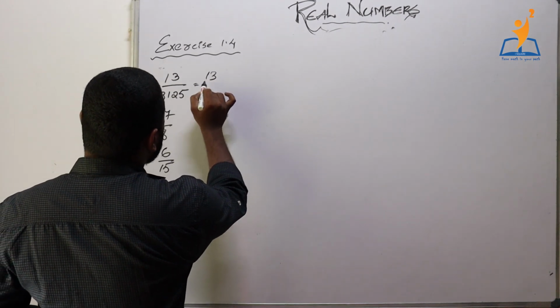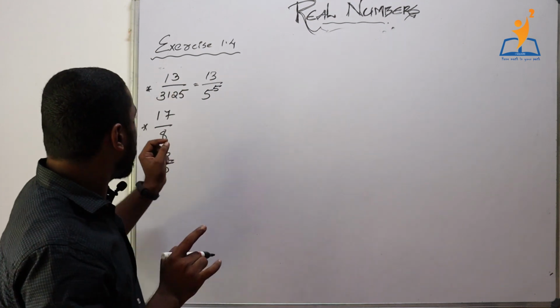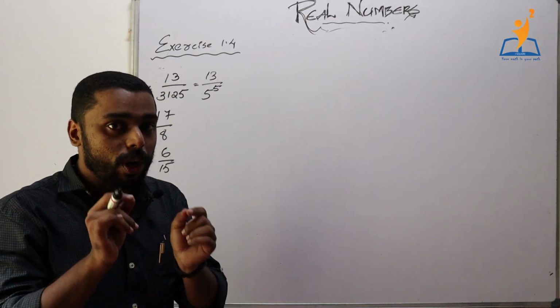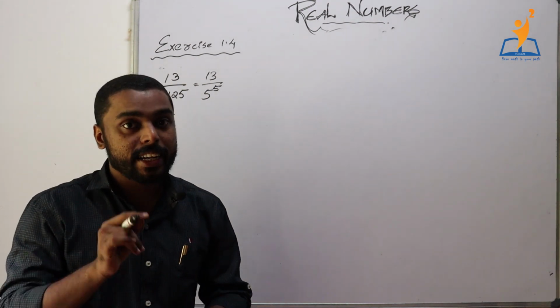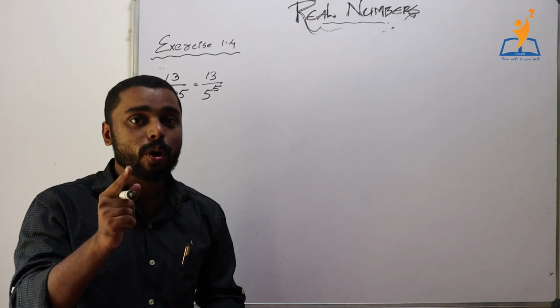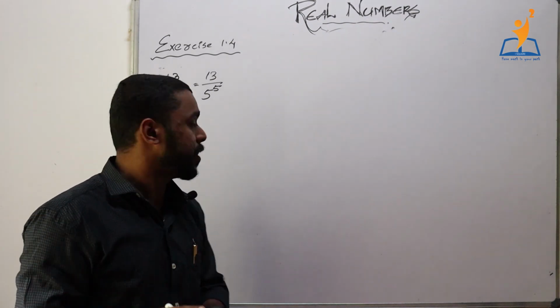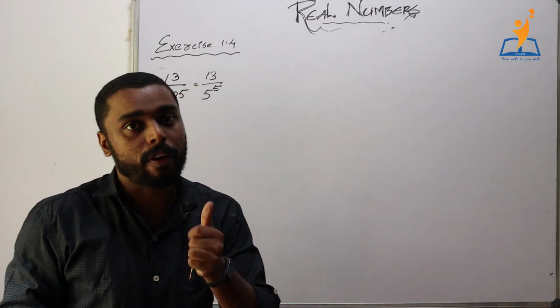13 by 5 raised to 5. The decimal expansion of 13 by 3125 can be found easily by making the denominator a power of 10. It is easy and more time saving rather than going for an actual division. So we have 3125 is nothing but 5 raised to 5. How?